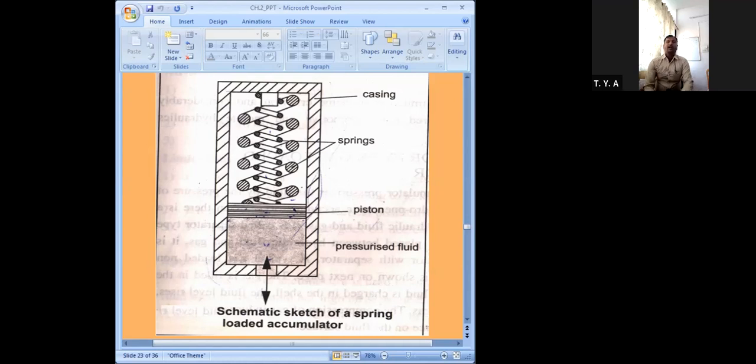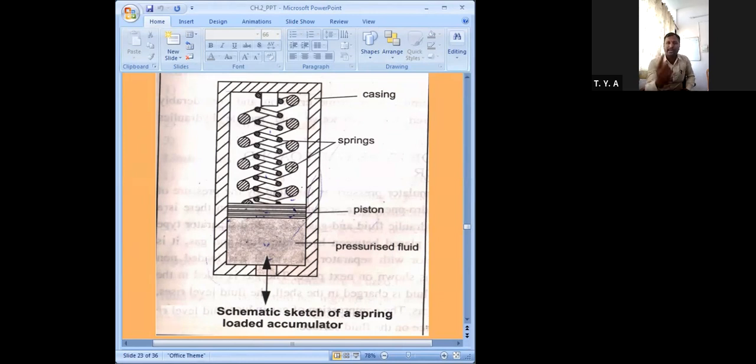fluid, through the check valve you will get the fluid inside this cylinder, in this tank, from this port. That time this piston will move from the lowest position in the upward direction. That means the spring is going to compress, getting it?